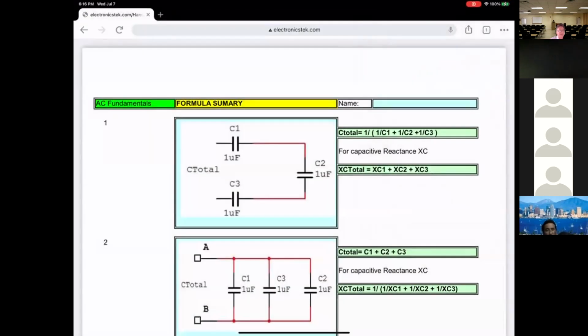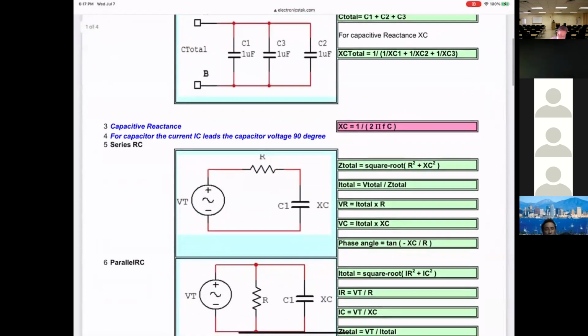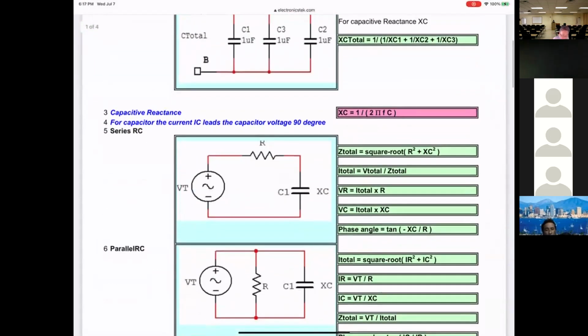Okay, you see that? That is the formula I already uploaded for you guys. So if you want it, then you have to go back into this circuitry here.